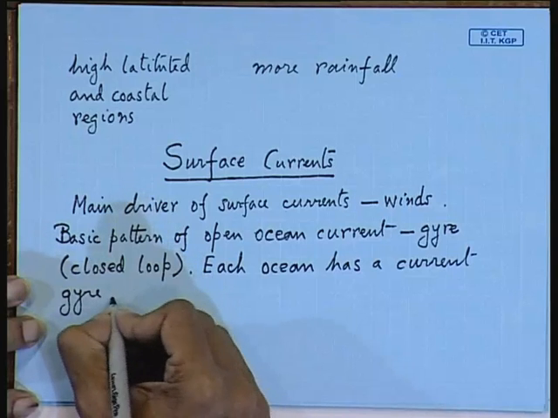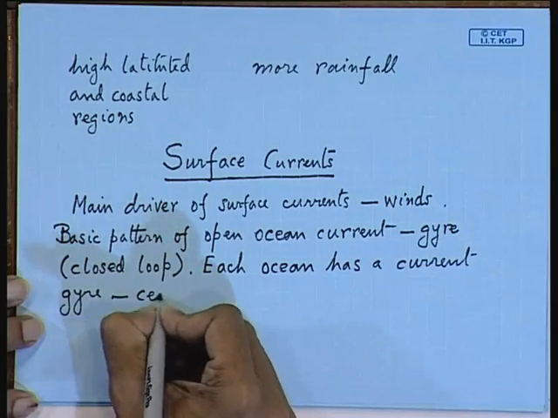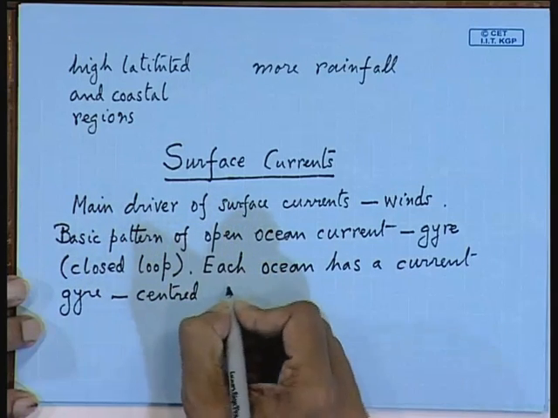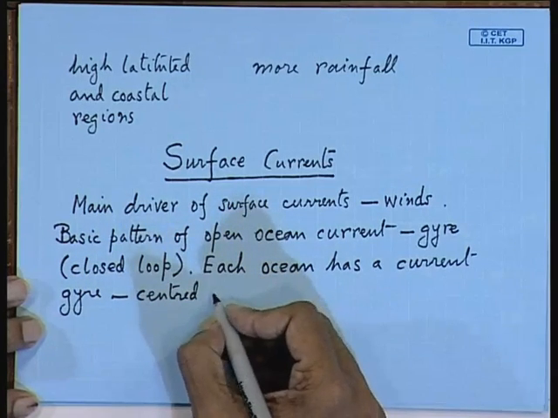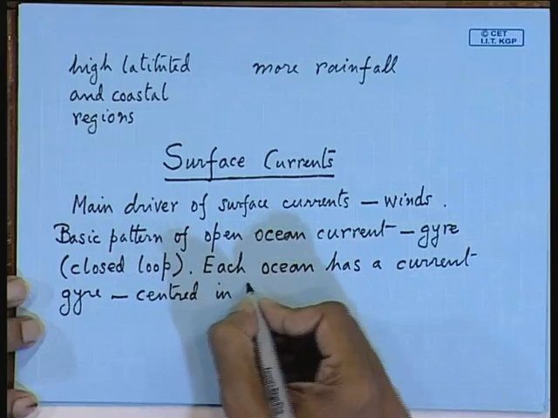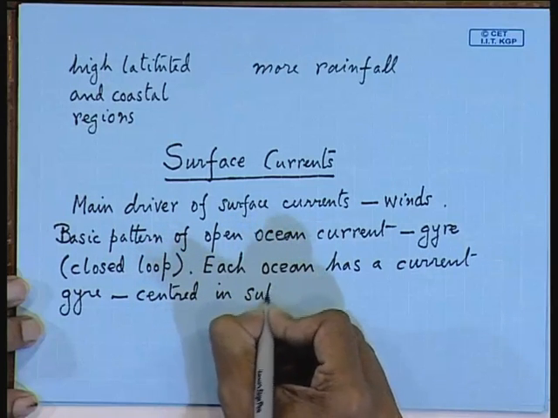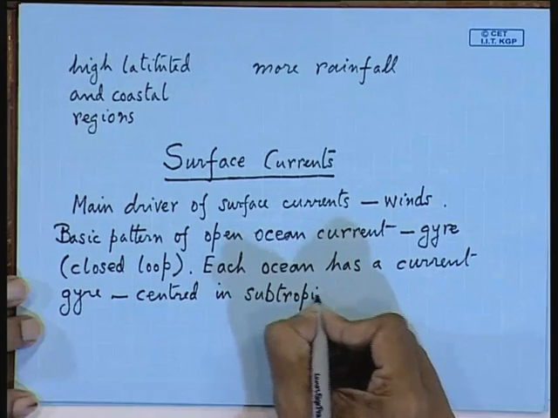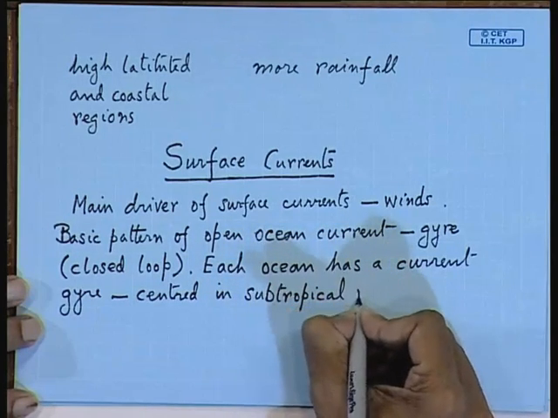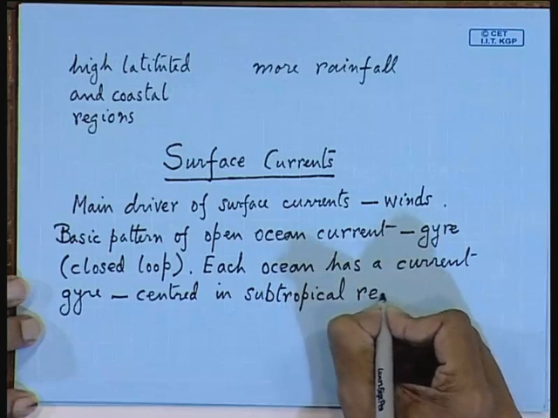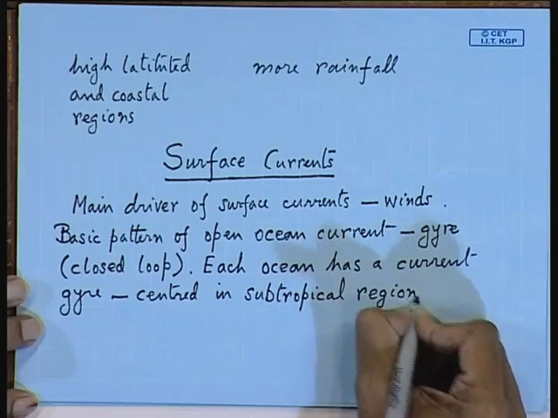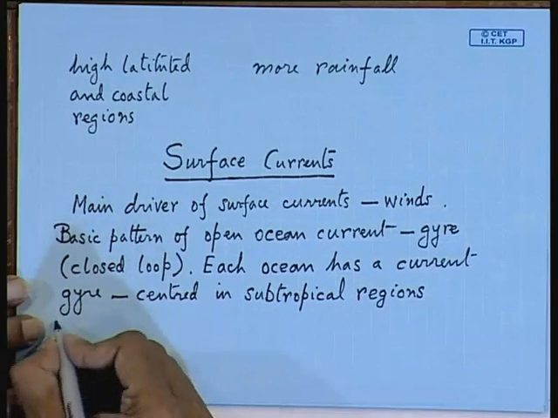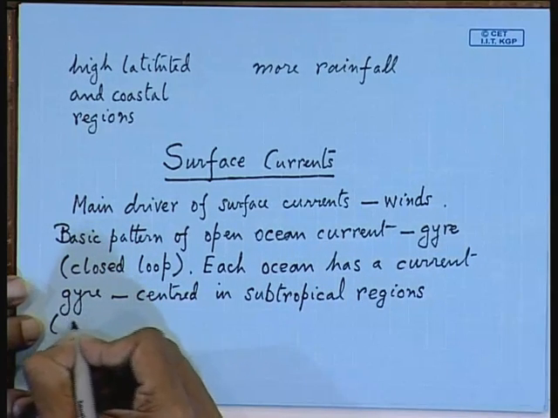This is centered, so it will be something like an ellipse, more like an ellipse, centered in subtropical regions. So, subtropical regions, you write 30 degrees north and 30 degrees south.